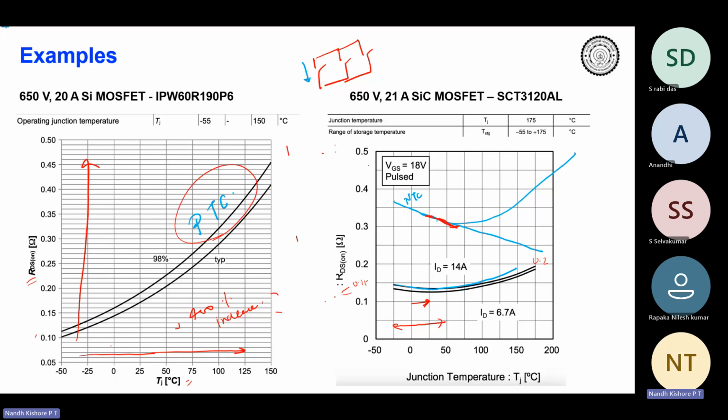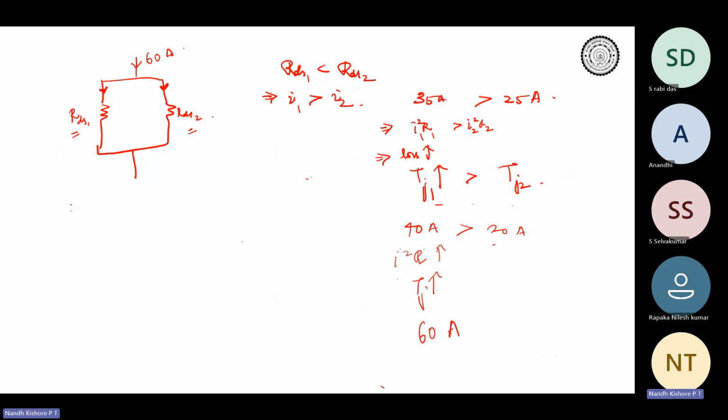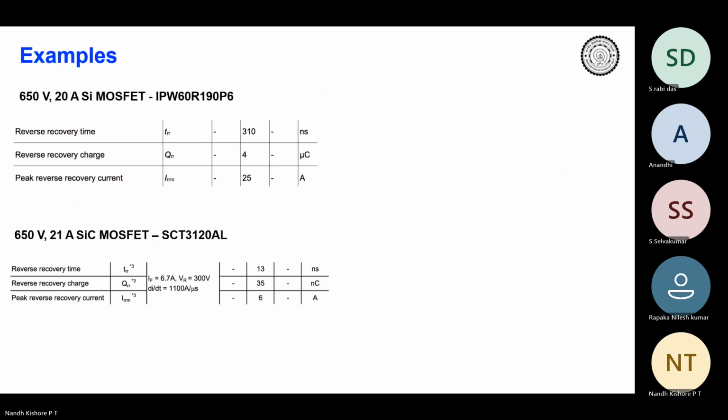At very low junction temperatures, you have a negative temperature coefficient, but beyond 25 degrees or 50 degrees, it again becomes a positive temperature coefficient of resistance. Okay. So just an interesting observation that I wanted to discuss with you guys.